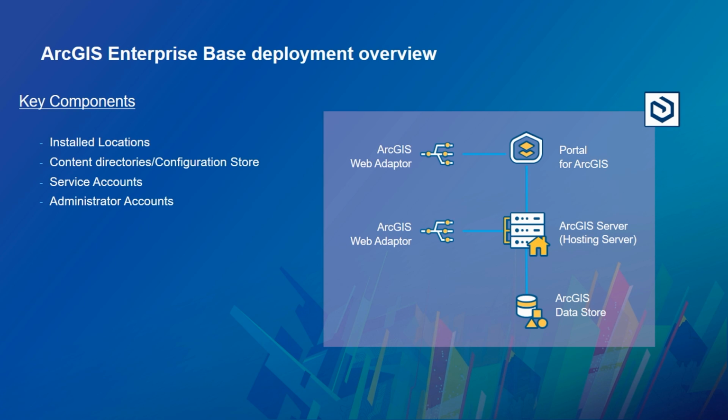The service account is the one that's going to be used to run the processes for Portal, Server, and Data Store. This could be a local account or domain account, and it's the account that has to have read and write permissions to the install directory as well as the content and configuration stores. And then finally, there are administrative accounts. These are accounts within the enterprise, and they're used to run any administrative operations within your deployment.